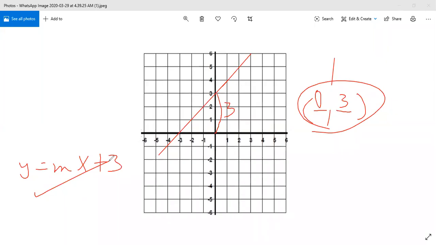So now the question is, what's c? C is what?